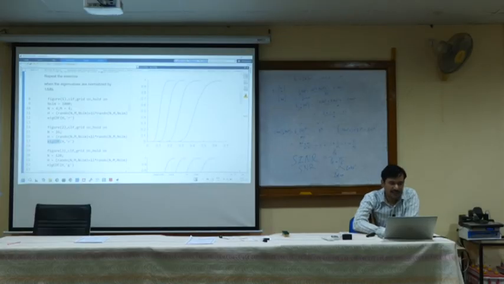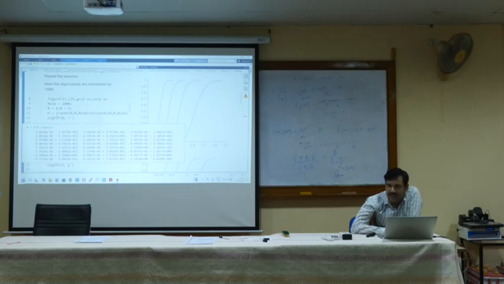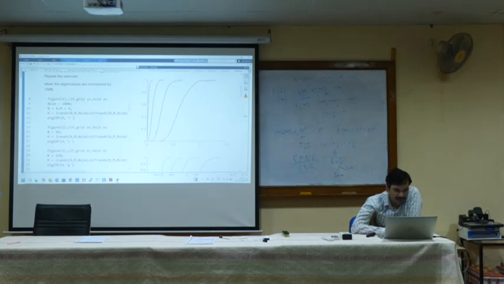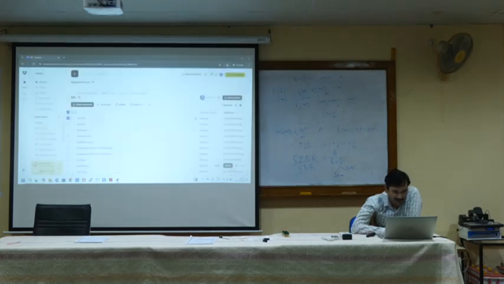So I have created one file, that is EIG CDF. In that I am inputting the variable H, and it is giving me this curve for the CDF. Okay, let's see what is in there.